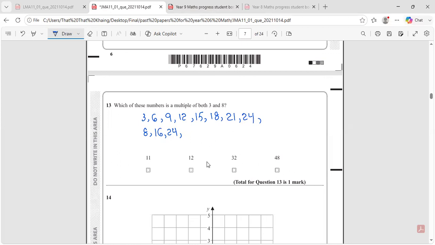But look at the numbers: 11, 12, 32, and 48. At 48, we can think of 48 as 24 times 2. That's why, when we continue finding the multiples, you can see 48.